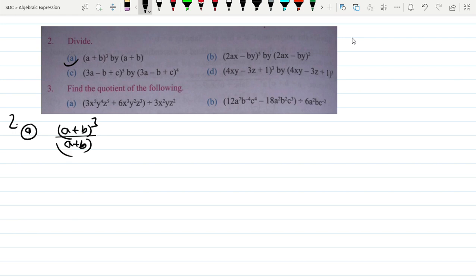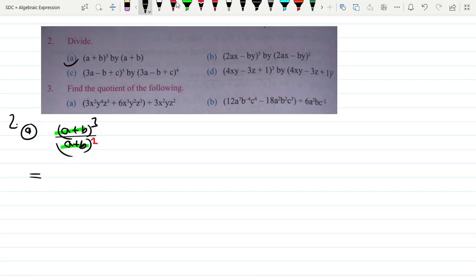Now we can use the rule of dividing terms having the same base. Here we can consider both (a plus b) as the same base. So we see (a plus b) below, by which it is getting divided, and its power we consider as 1.